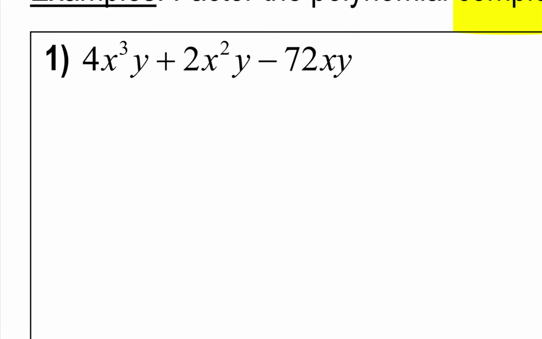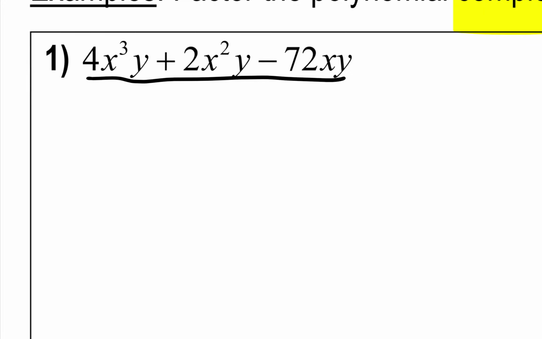So the one thing that you look at when you're doing these is you want to find if there is a number and if there are variables or letters, right? So I'll do one at a time. First thing I want to know is what number can I divide out of all three numbers? I have 4, 2, and negative 72.